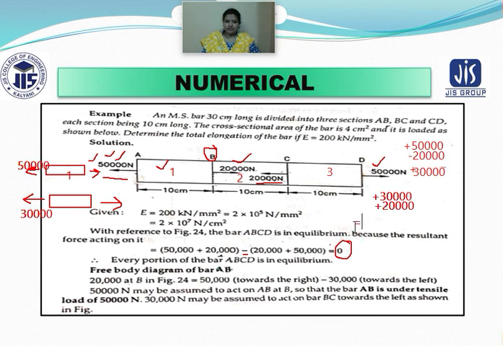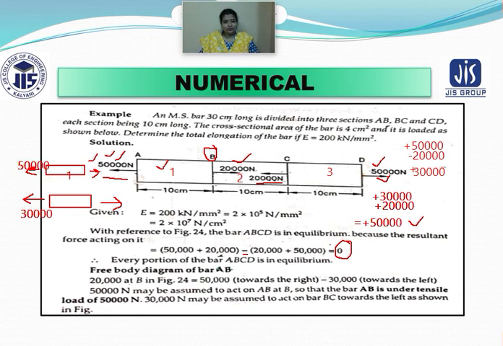All total you are getting a load of plus 50,000. This 50,000 is your positive load, so it is a tensile load. That's why in the third section, tensile is there, so here also 50,000 is there. So you can see how you have calculated the load for 3 different sections.